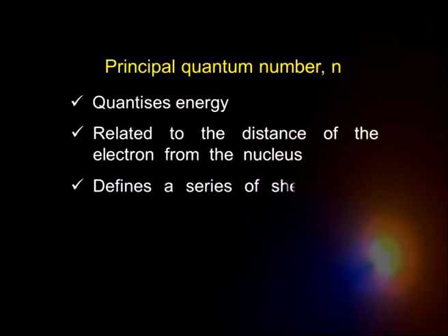In addition to that, this principal quantum number n defines a series of shells of the atom. That means when I say n is equal to 1, there is only one shell. When n is equal to 2, L can take values of 0, 1, and m can take values depending on the values of n, L. So all these put together define what is called one shell.